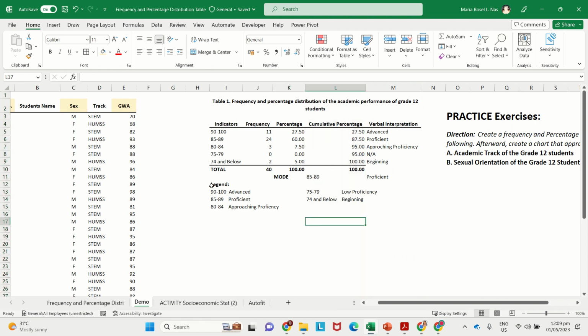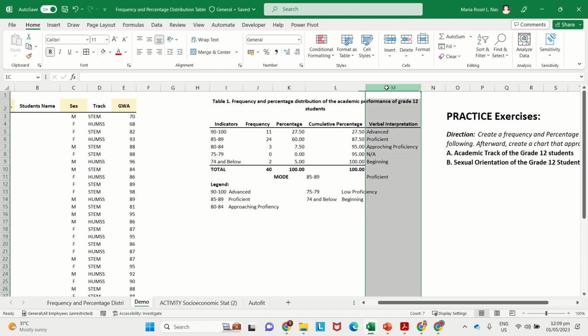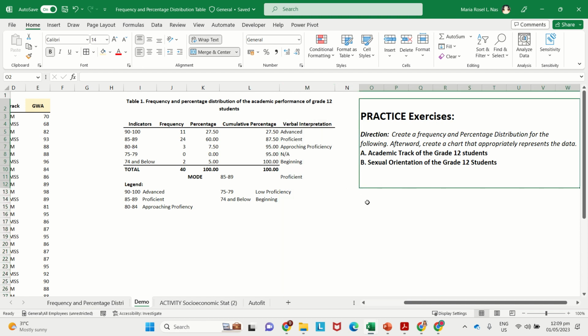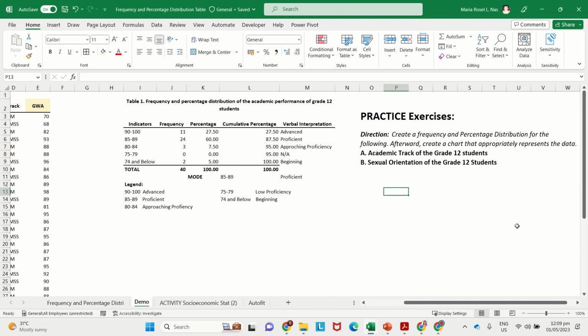So no need to use the legend, and no need to include the verbal interpretation if you are creating the frequency and percentage distribution for nominal data, such as academic track, STEM, or sexual orientation, male and female.